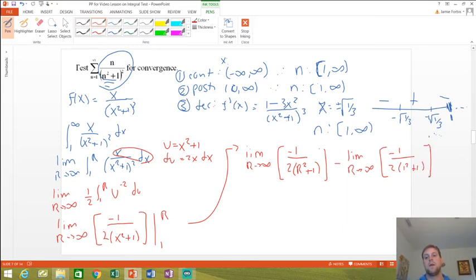If you take each of these limits, as r approaches infinity for the first one, the r power on the bottom is higher than on top. It's a rational function; the bottom is going to infinity, therefore the fraction is going to 0. We've done that plenty of times. And then minus, if you simplify that down, it goes to negative 1/4, which equals a fourth.